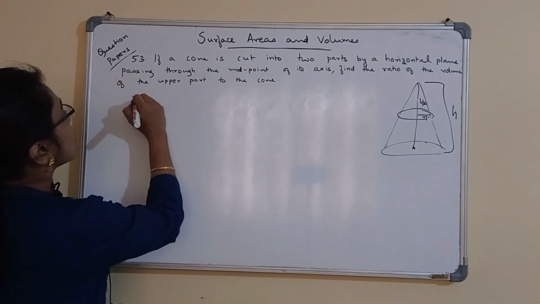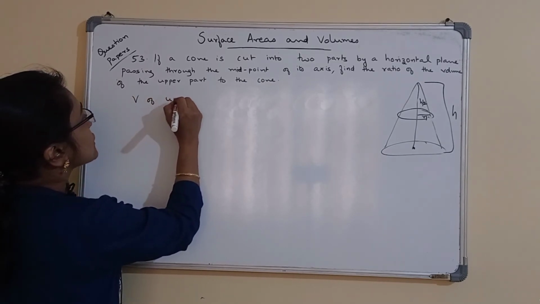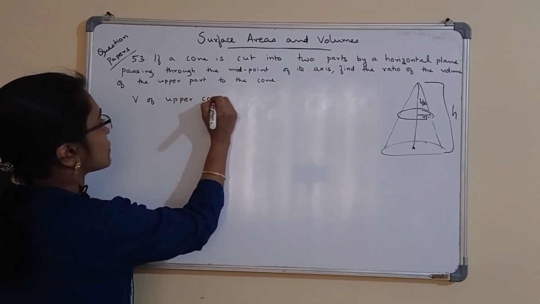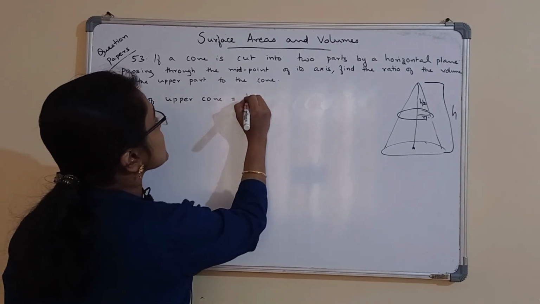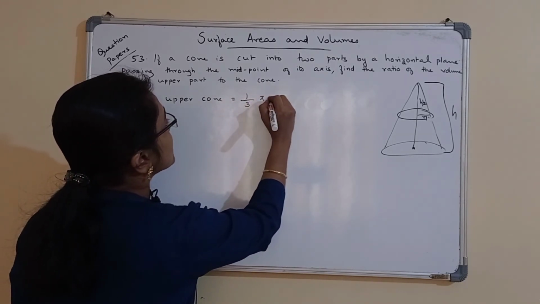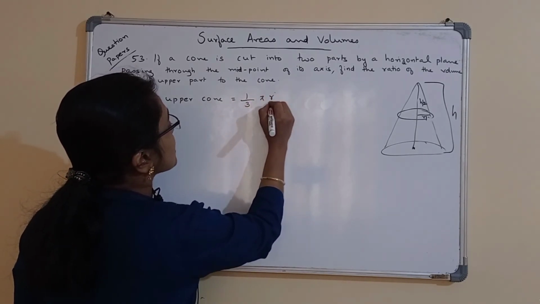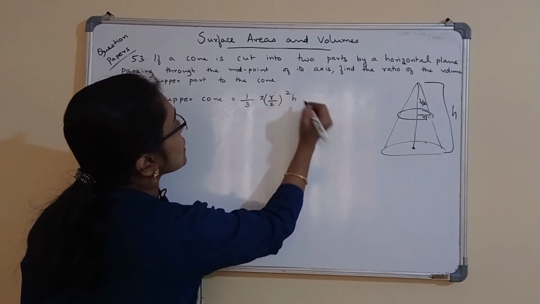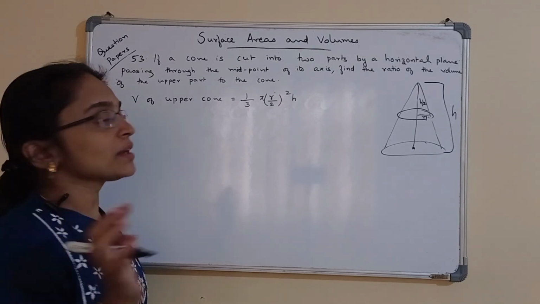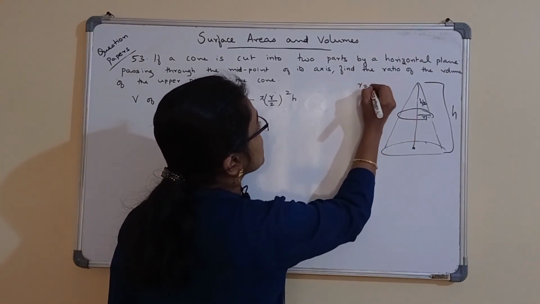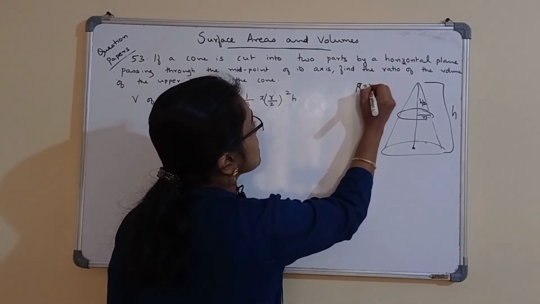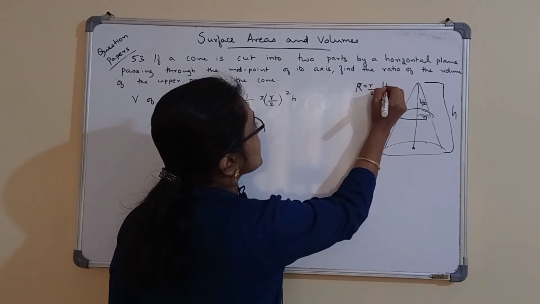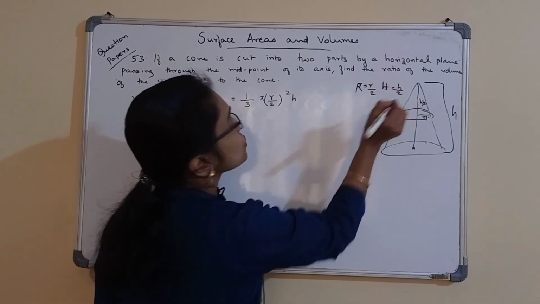So, first volume of upper part of the cone, we can write it as upper cone. It is equal to 1 by 3 pi r square h. Here r is equal to R by 2 and h is equal to H by 2.